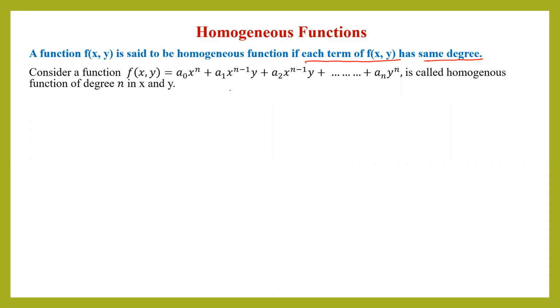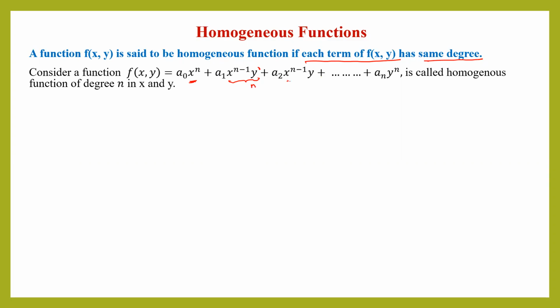Suppose we have a function like this, a naught x raised to n, a1 x raised to n minus 1 y, and so on. Then you can see that the degree of this term is n. And if you see this term, the sum of indices is again n, since the power of y is 1, so n minus 1 plus 1 is again n.